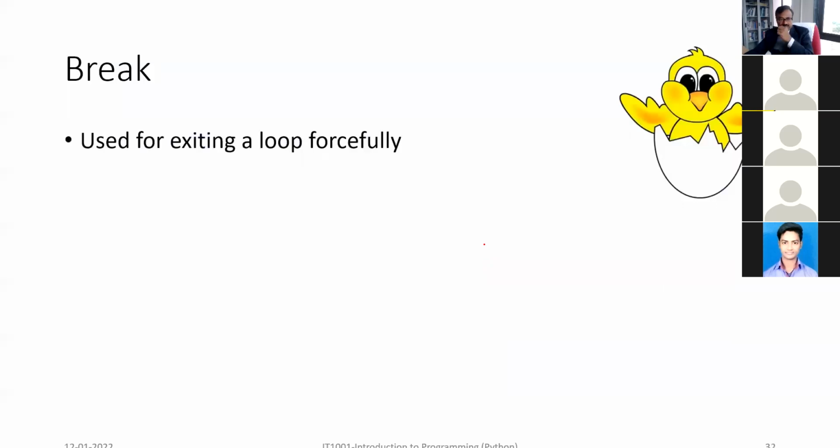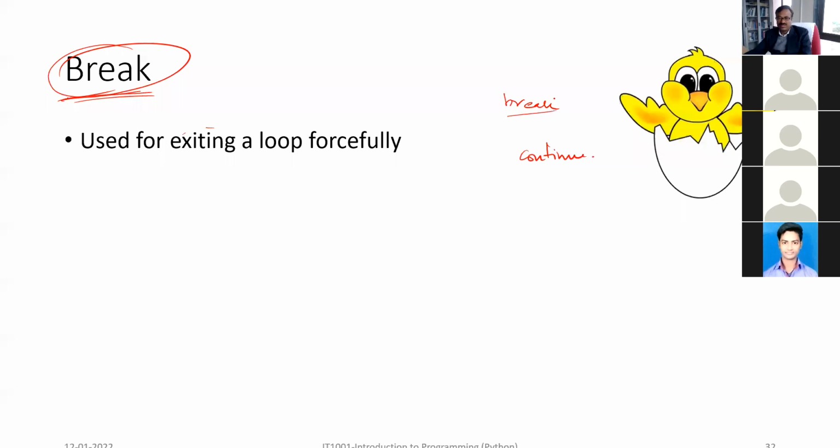Okay, an interesting construct which we can use further inside a loop is the break statement. Break and continue, there are 2 statements. One is called break, which we will write as BREAK, and then another one is continue.